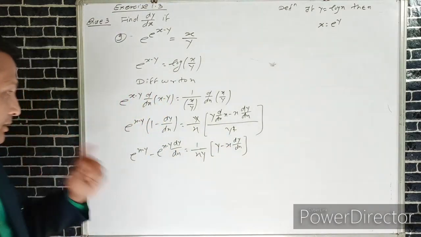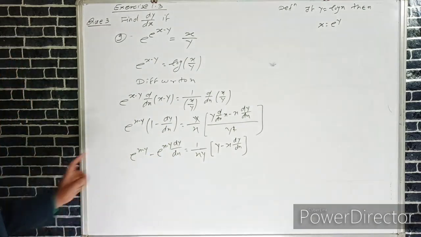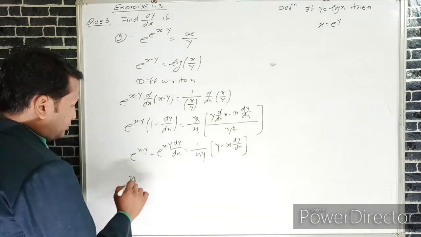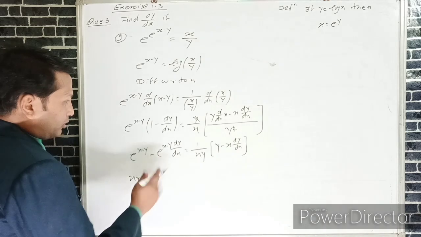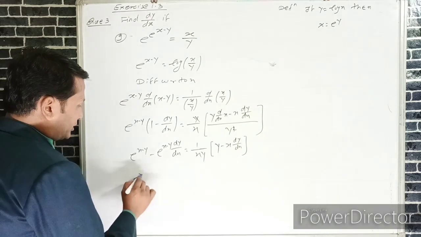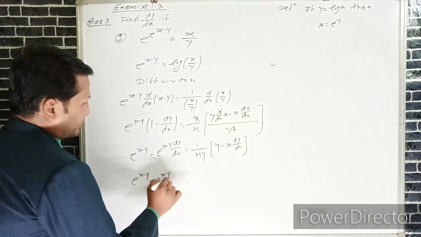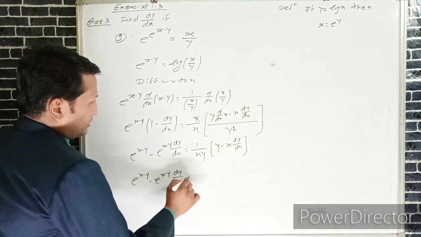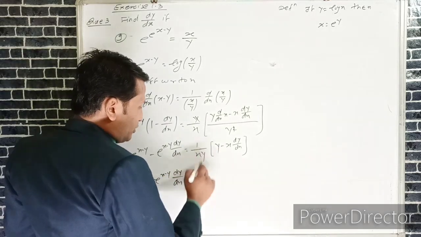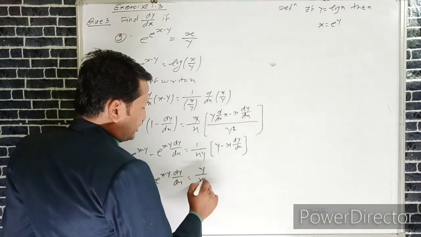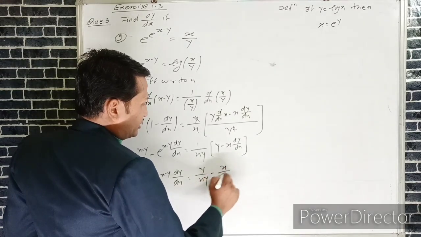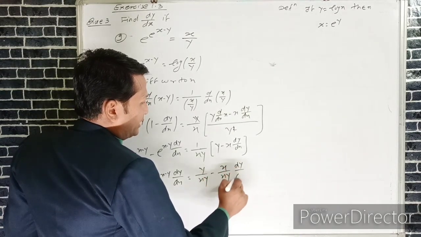If we take this x into y to the right side, then we can write e to the power x minus y minus e to the power x minus y into dy by dx is equal to y into y upon x minus y, xy, minus x upon xy into dy upon dx.